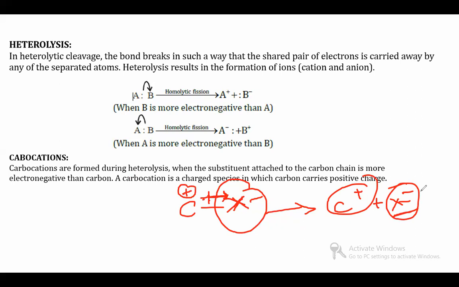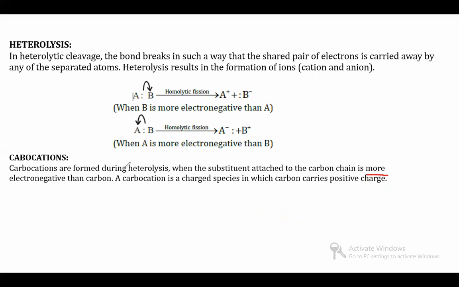Are you getting it? So how is a carbocation formed? A carbocation is formed during heterolysis when any substituent attached to the carbon chain is more electronegative than carbon.